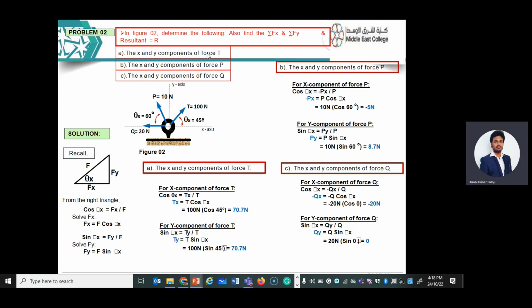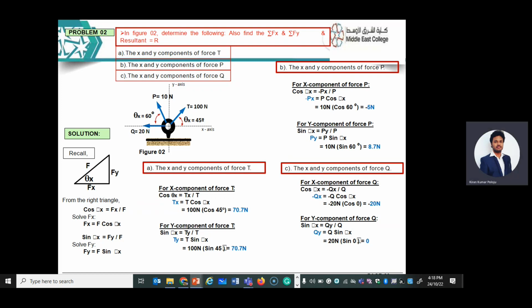So the x and y components of force T, x and y components of force P and Q. There are three forces acting here. In the previous figure, the forces are acting downward or upward, which is easy for us to understand. It's 90 degrees or the degree is given for us. But for this question, the forces are given one horizontal and both inclined.